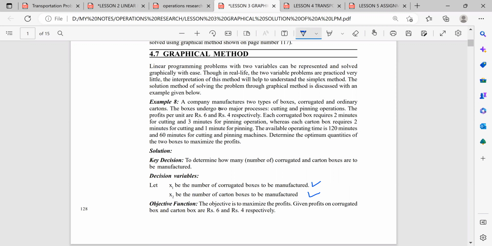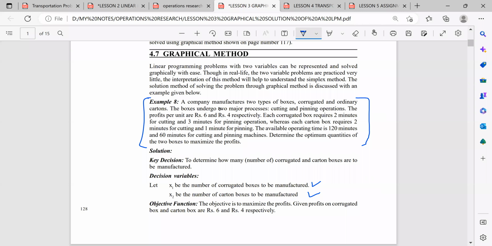We have this example here, which is talking about a company which manufactures two types of boxes, corrugated and ordinary cartons. The boxes undergo two major processes, that is cutting and pinning operations. The profits per unit are given there.